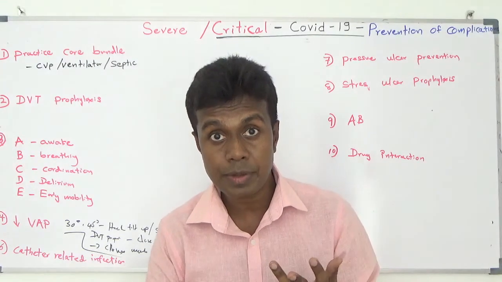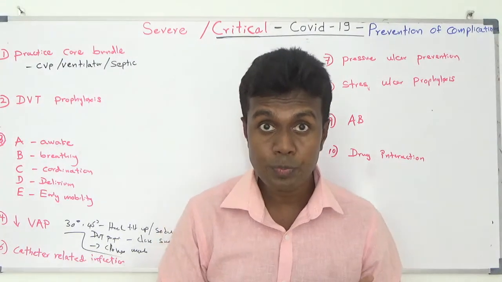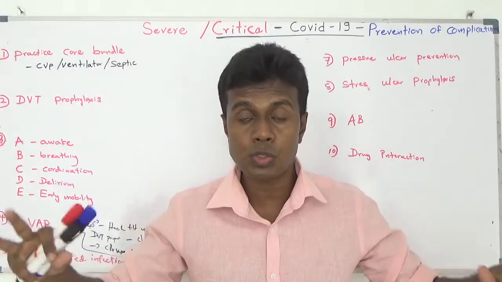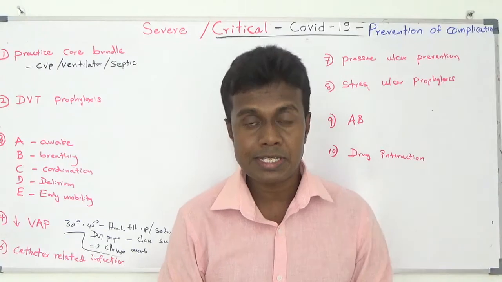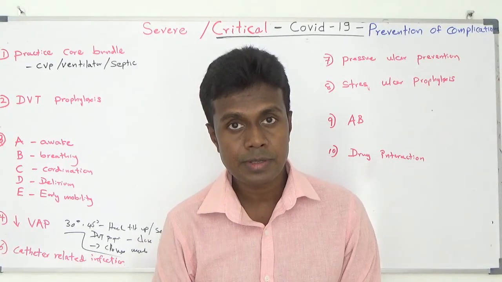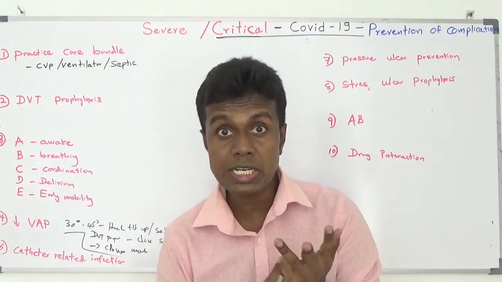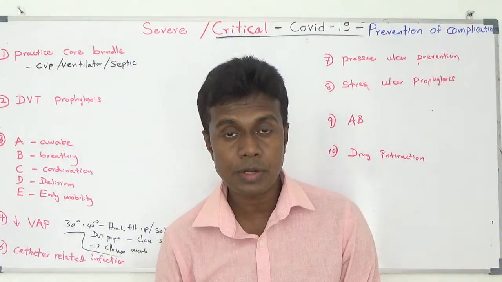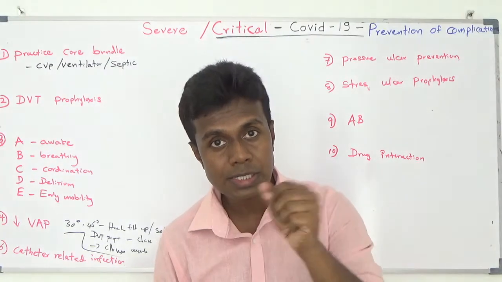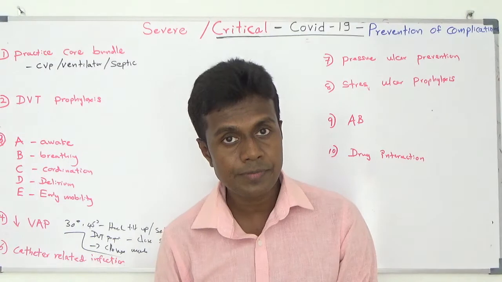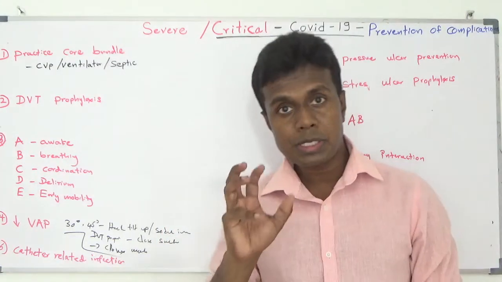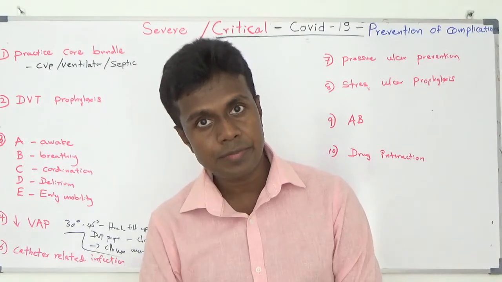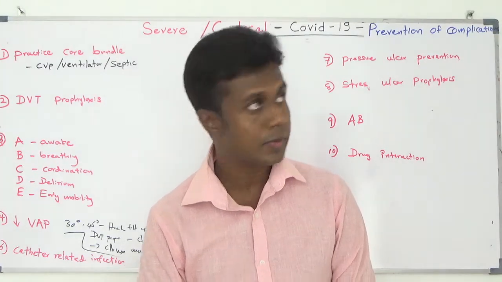Number 2, you have to clean and close all the area except the catheter insertion part. Then you have to check daily the necessity of your CVP line. Not only that, you have to assess the site daily, whether it is infected or not. Otherwise, your patient can develop catheter-related bloodstream infection.